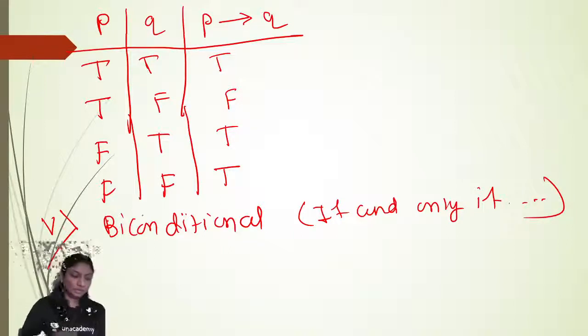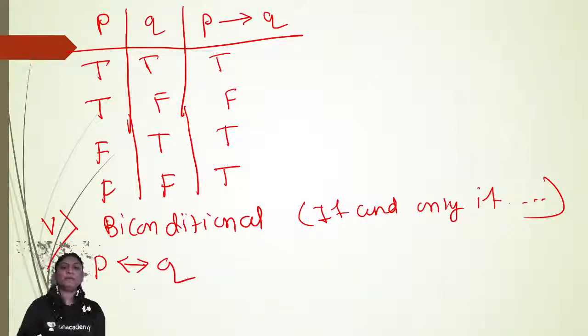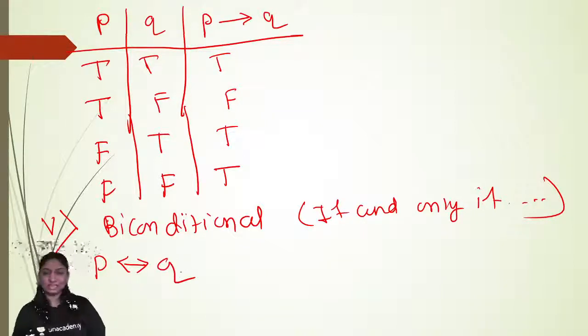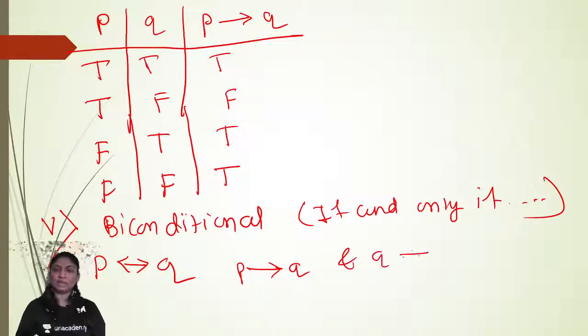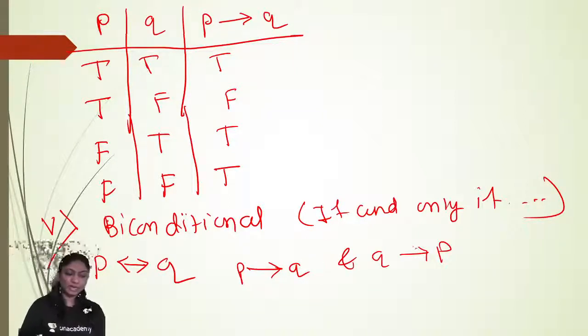So for P and Q, we can denote the biconditional statement by this double arrow, P double implies Q. It means P implies Q and Q implies P. Both are true here. P implies Q and Q implies P is called the biconditional statement.